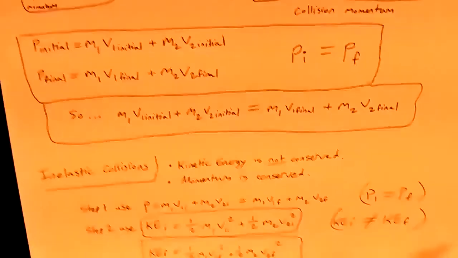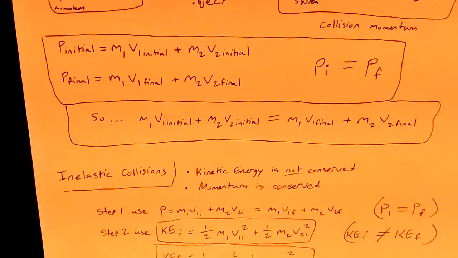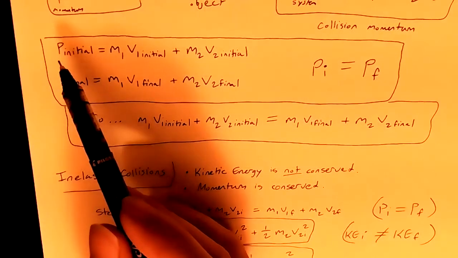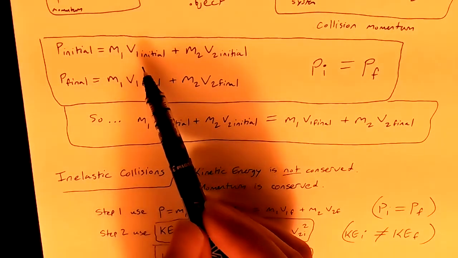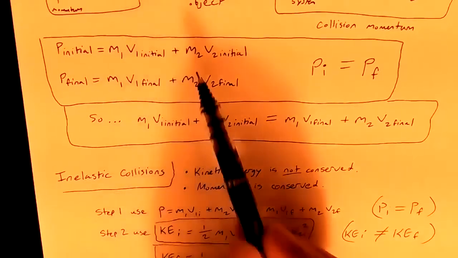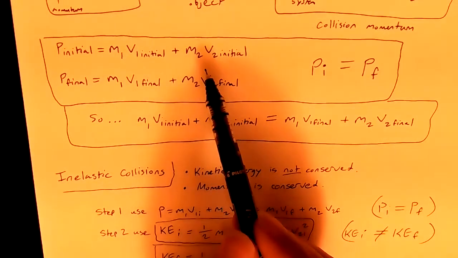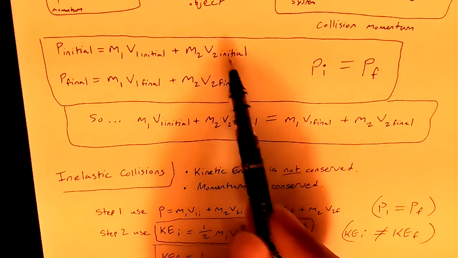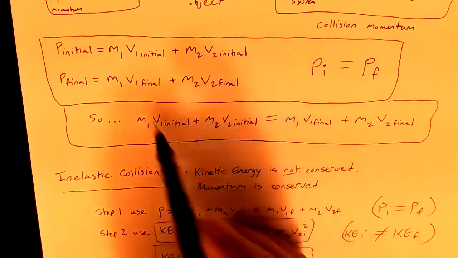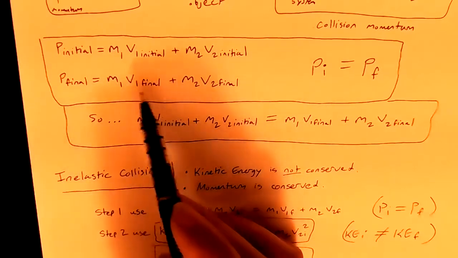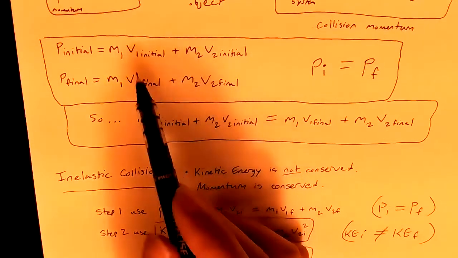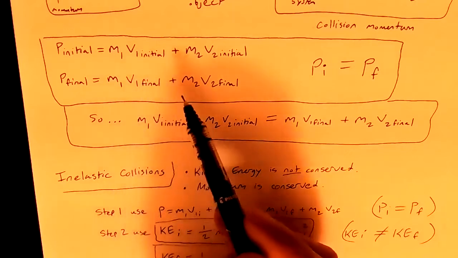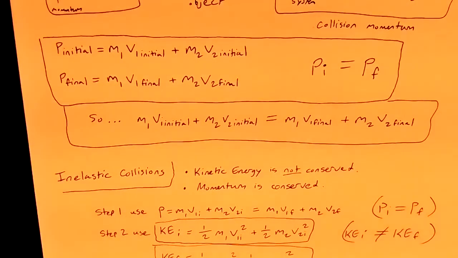And here's another way to put it. P initial, so the initial momentum equals m1 times the initial velocity plus m2 times the initial velocity for that object. And then afterwards, same thing. So the masses stay the same here, but their velocity may change depending on the collision.